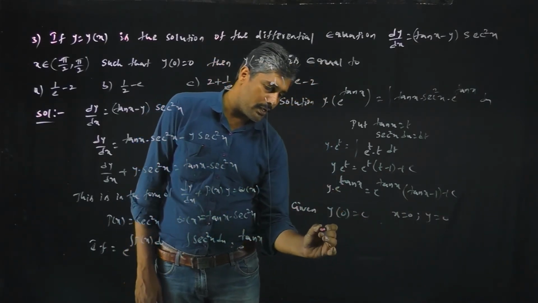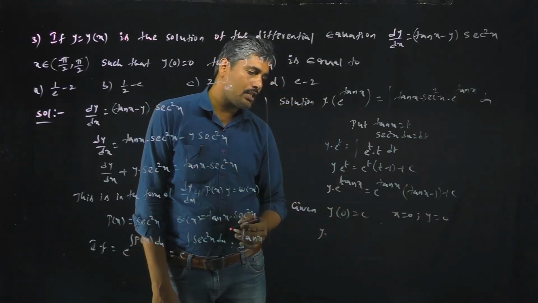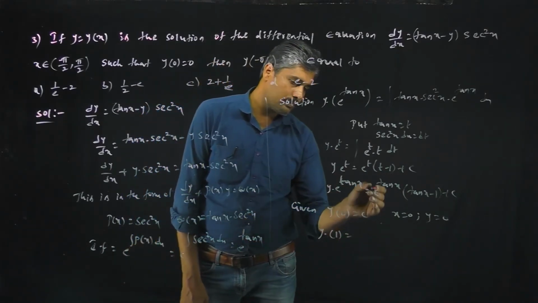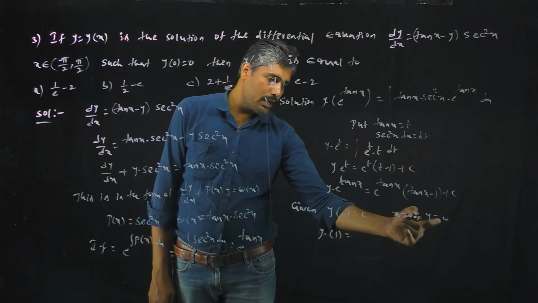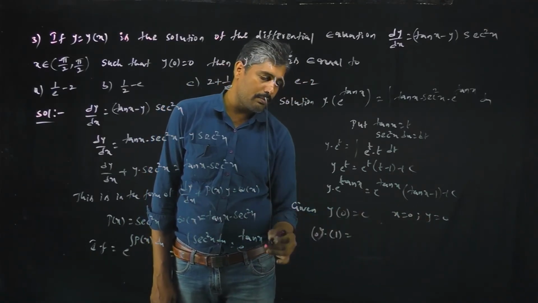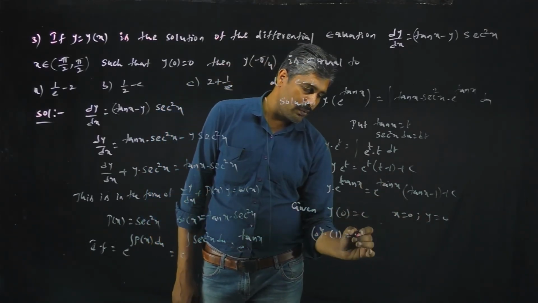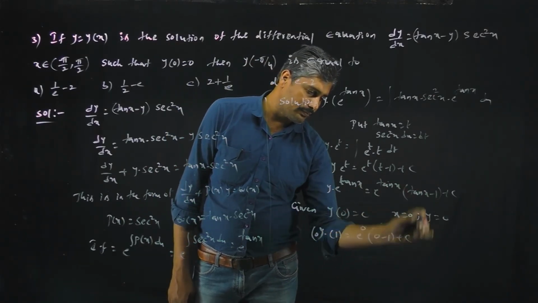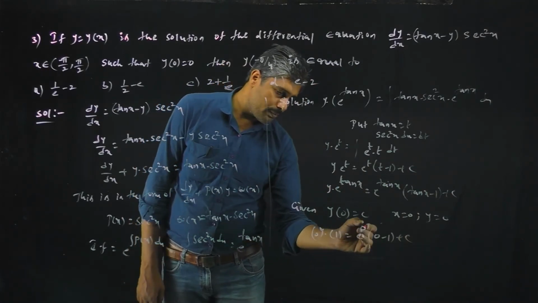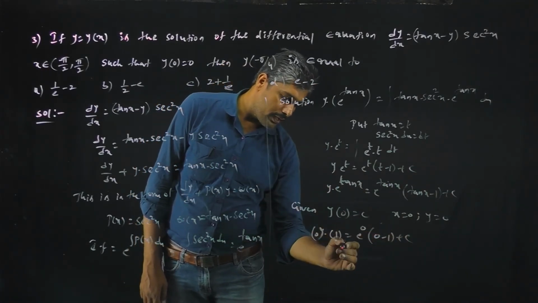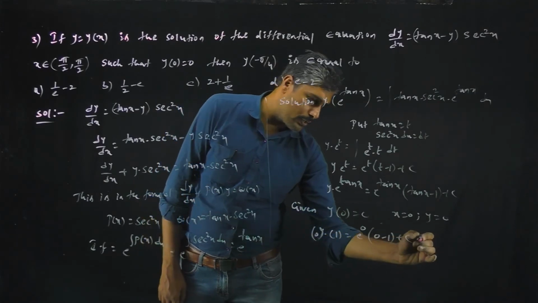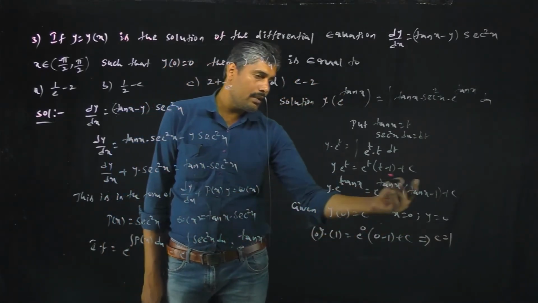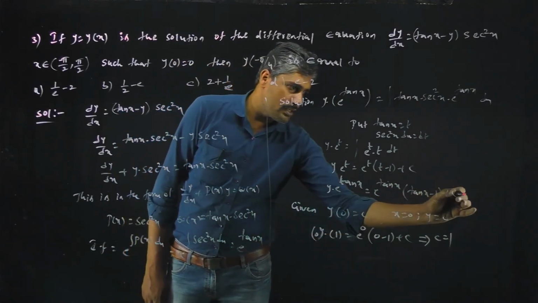Substitute here: y into e power tan 0, tan 0 is 0, e power 0 equal to 1, equals e power 0 into (0 minus 1) plus c. Here e power 0 is 1. Then we take 1 to the left side, minus 1. Then we get c equal to 1. Substitute here c equal to 1. This is equation number 1.